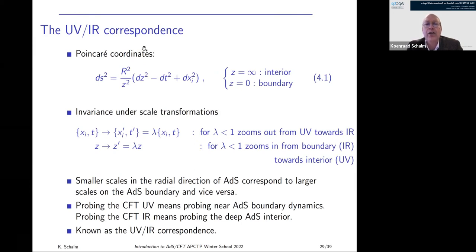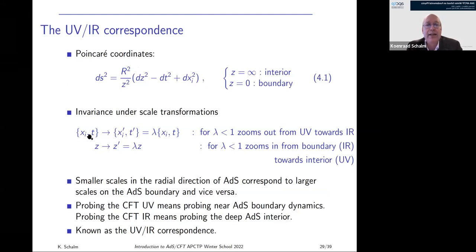Now, recall in Poincaré coordinates, ADS looks as follows, where Z is infinity, is the interior, and Z is 0 is the boundary, but that's at an infinite distance away. And we've also shown that in this ADS metric, you can already implicitly see the invariance under scale transformations.